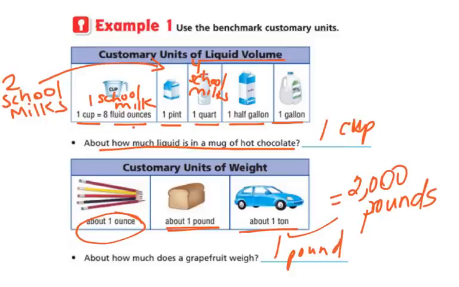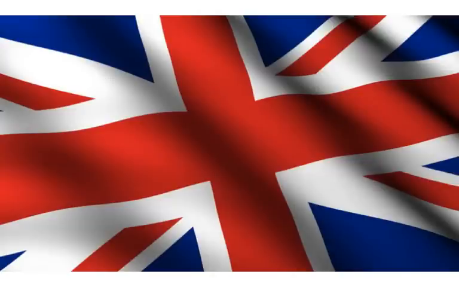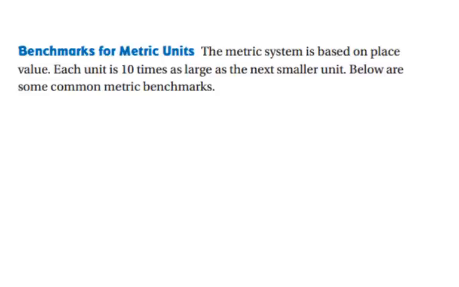Okay, let's go on. All right, now what you see here is actually the British flag. And the reason I'm showing you the British flag is because in Britain, as well as other countries, they do not use the customary system for measurement. They use the metric system.